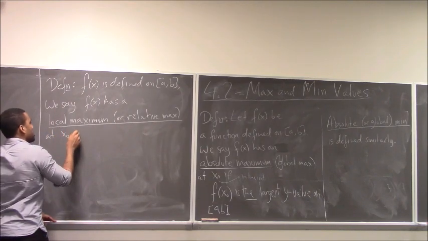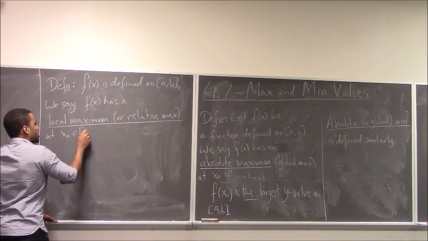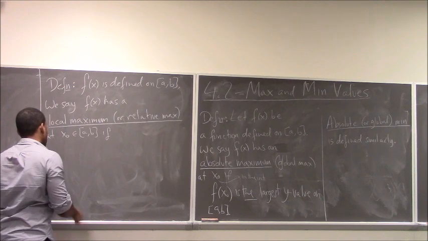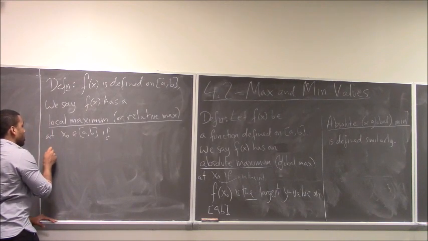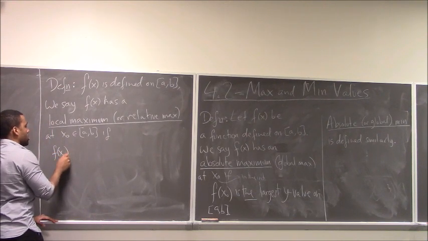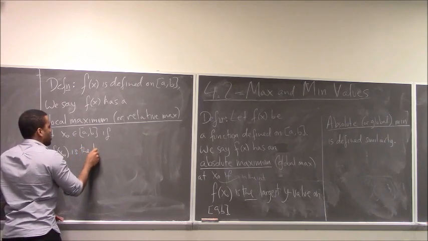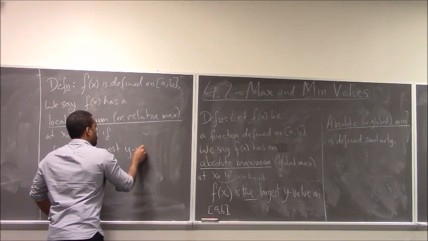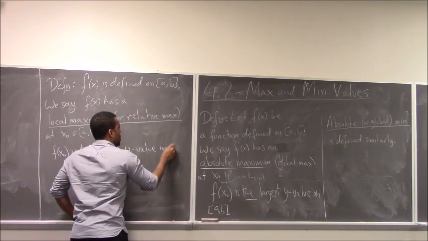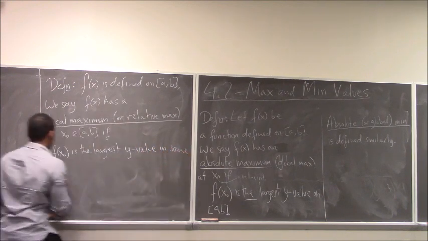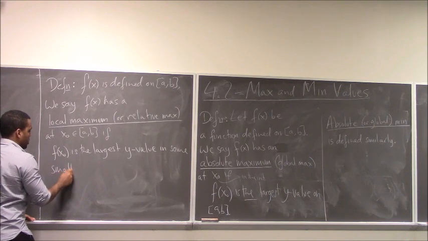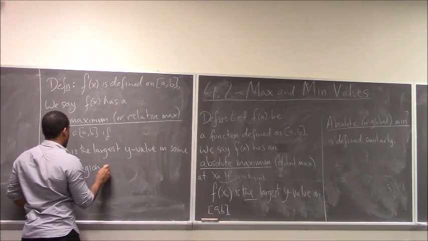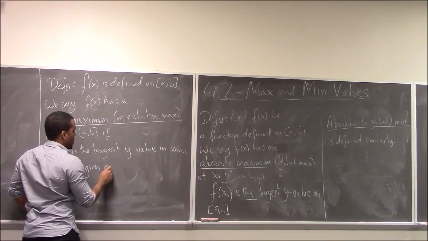At x naught in AB, if f of x naught is the largest y value in some small region or interval that contains x naught.